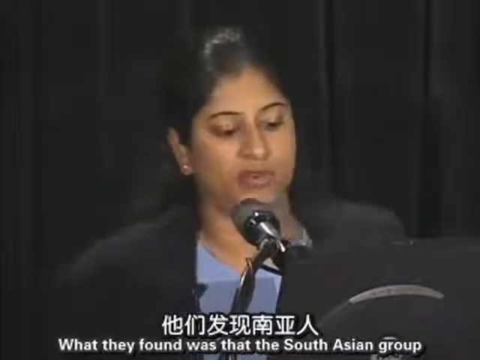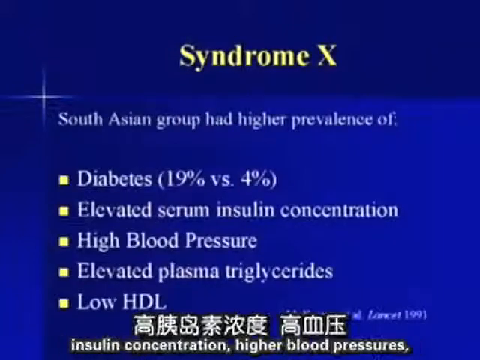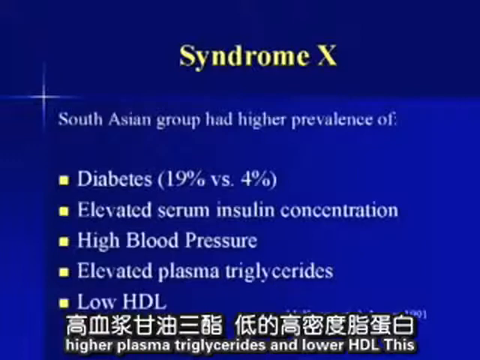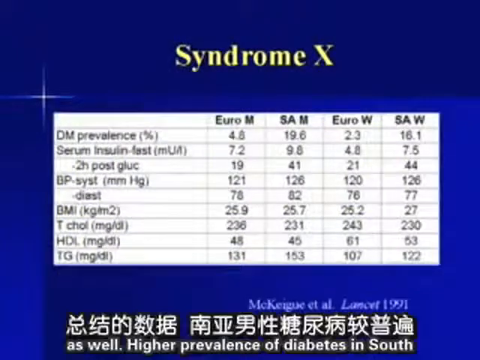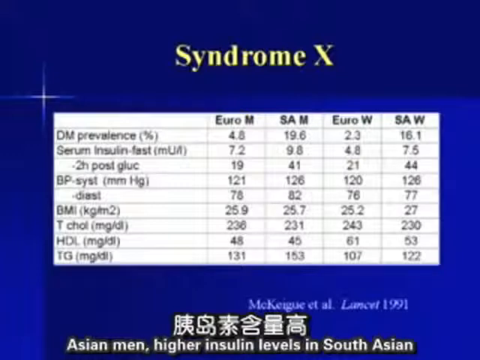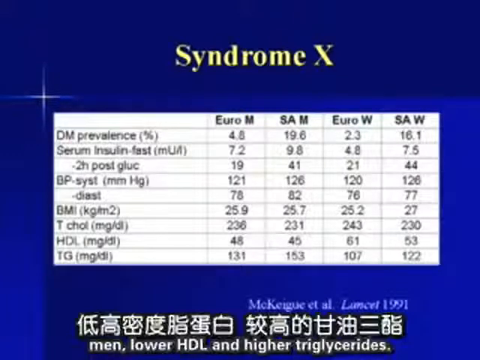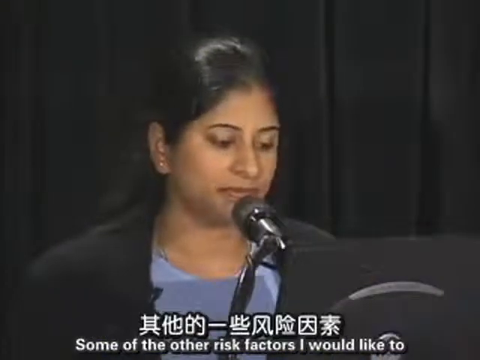What they found was that the South Asian group had higher prevalence of diabetes, higher serum insulin concentration, higher blood pressures, higher plasma triglycerides, and lower HDL. This is the data which Dr. Reaven, I think, had summarized earlier as well, looking at higher prevalence of diabetes in the South Asian men, higher insulin levels in South Asian men, lower HDL, and higher triglycerides.